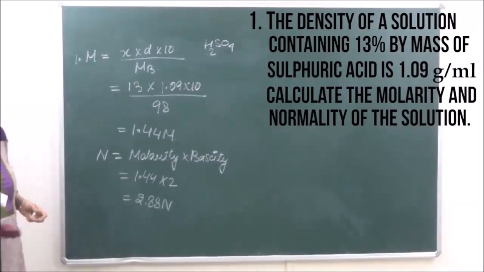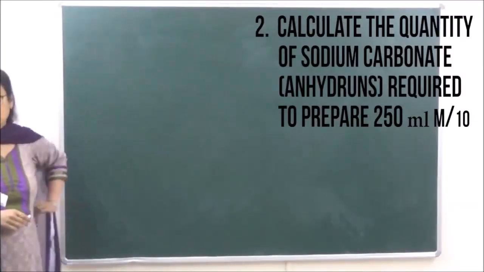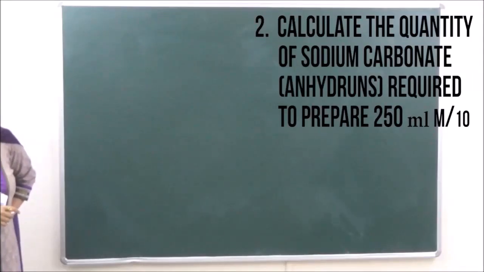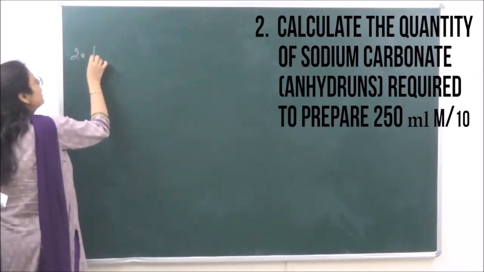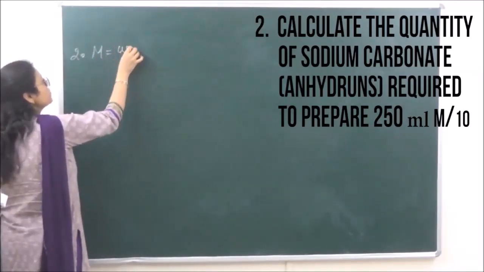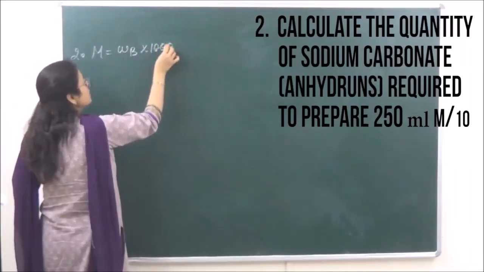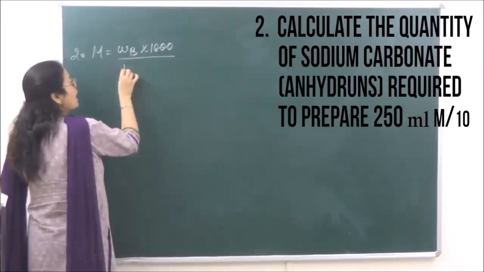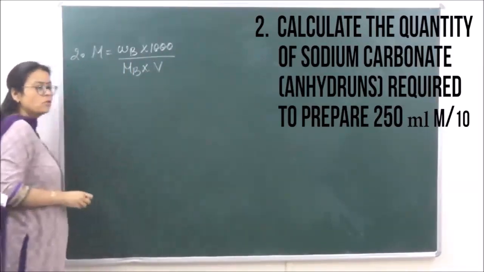Then let's go on to the second question. Alright, the second question which is coming up is, calculate the quantity of sodium carbonate required to prepare 250 ml M by 10 solution. Now when we look at the formula of molarity, molarity is equal to weight of the solute in grams into 1000 upon molar mass into volume of the solution.